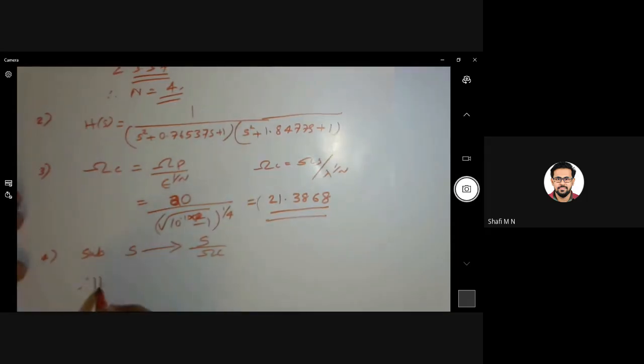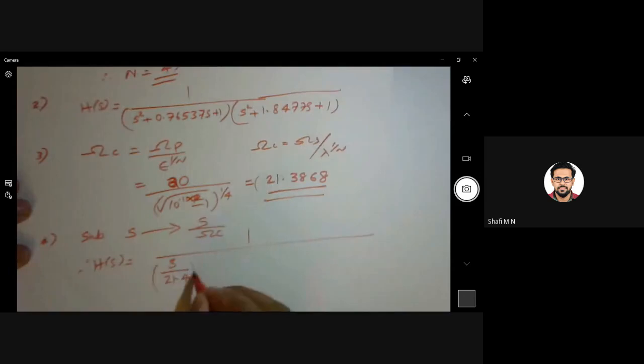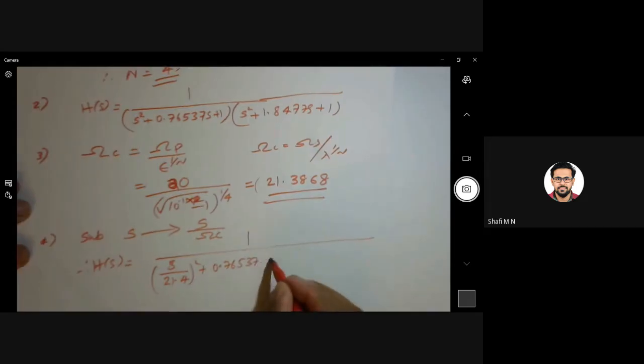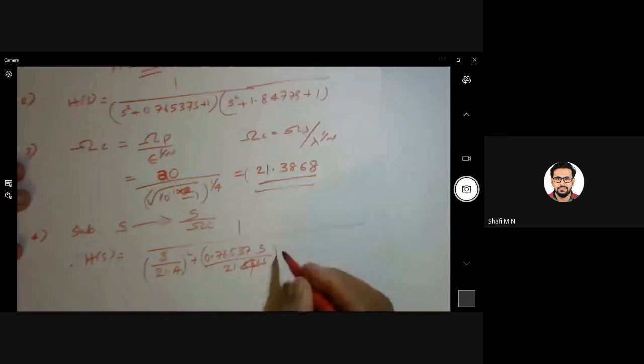Therefore, what will be my H of S? In this equation, instead of S, you replace S by 21.4. Let me round it to 21.4. So S by 21.4, the whole square, plus 0.76537 into S divided by 21.4, plus 1.